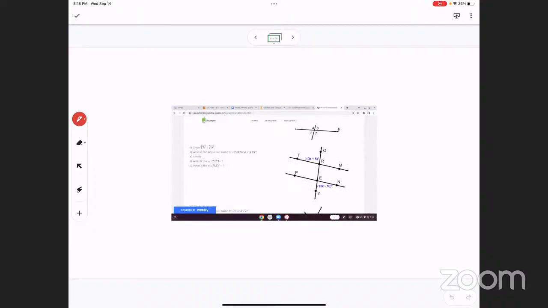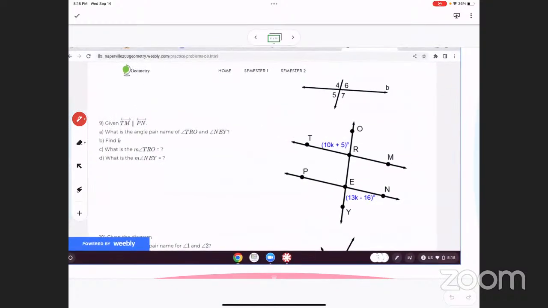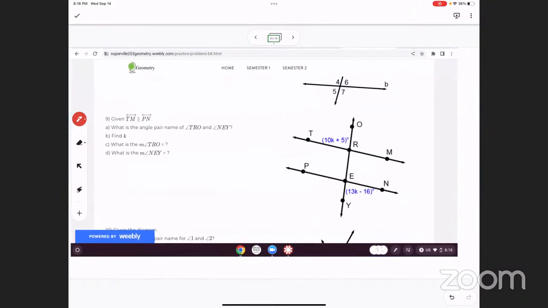All right. So now this one, they're just putting it together with an expression instead of just a number. So you're going to have to do a little bit of algebra here. Okay. So what do we know about PM and PN, if those two are parallel? Here's your, what's this called? The line that goes through them?